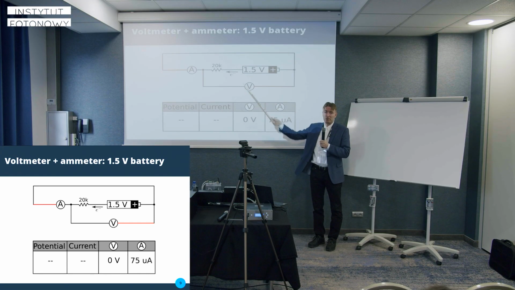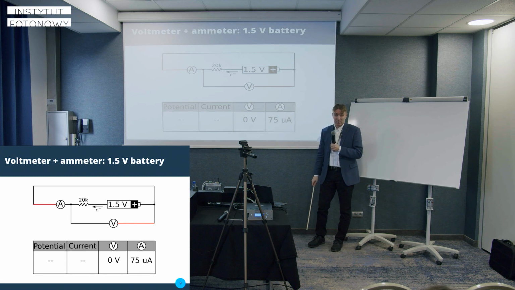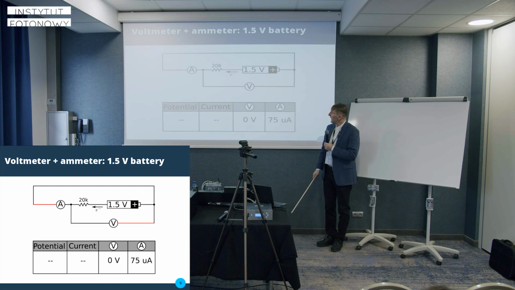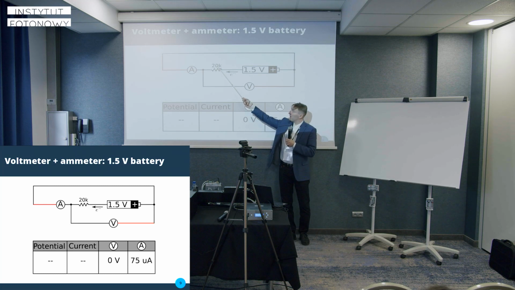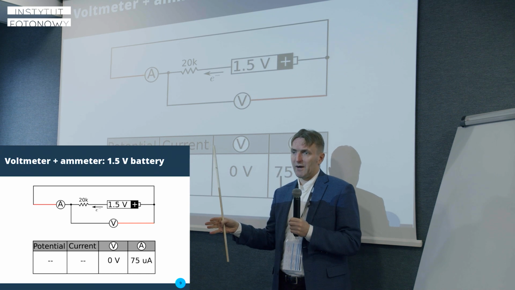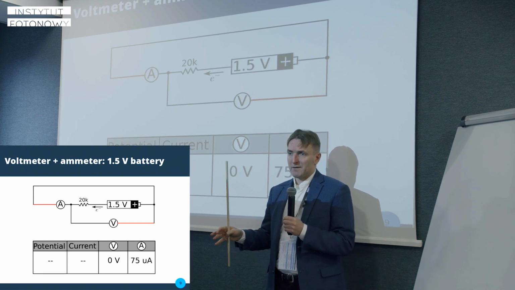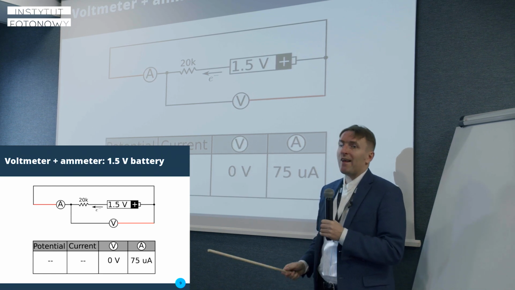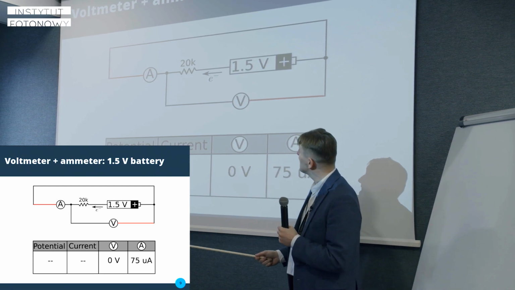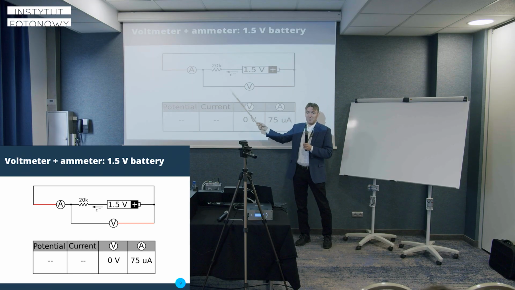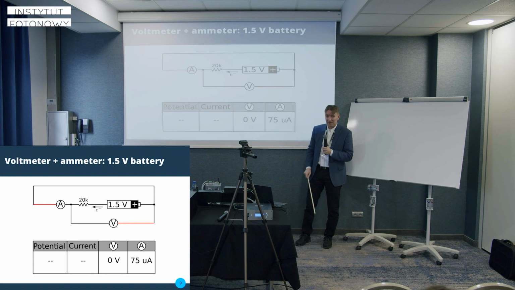So when you add them together, you'll get 0 volt, no matter what resistor you put here. The value of this resistance, this is kilo ohms, just will tell you how large the current will be, but it will not change this 0 volt value. Even if resistance is infinite, it will show 0.